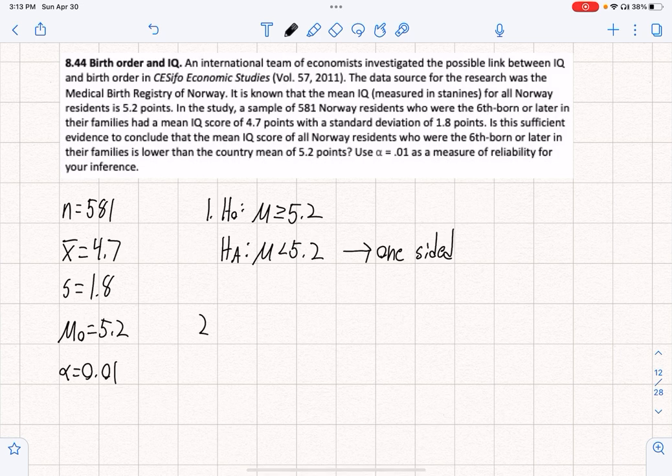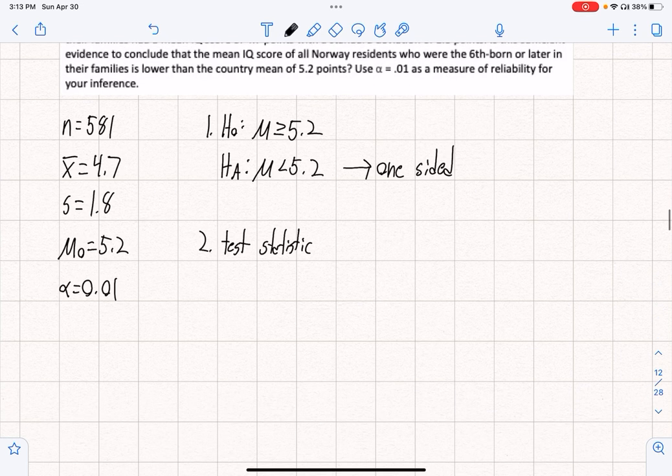Step 2, test statistic. The t-stat has the same formula as before: x bar minus mu naught over s over root n. Let's plug in.